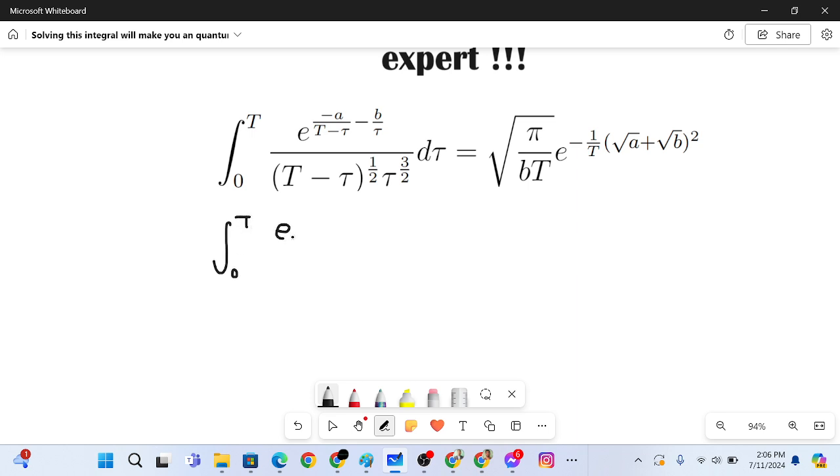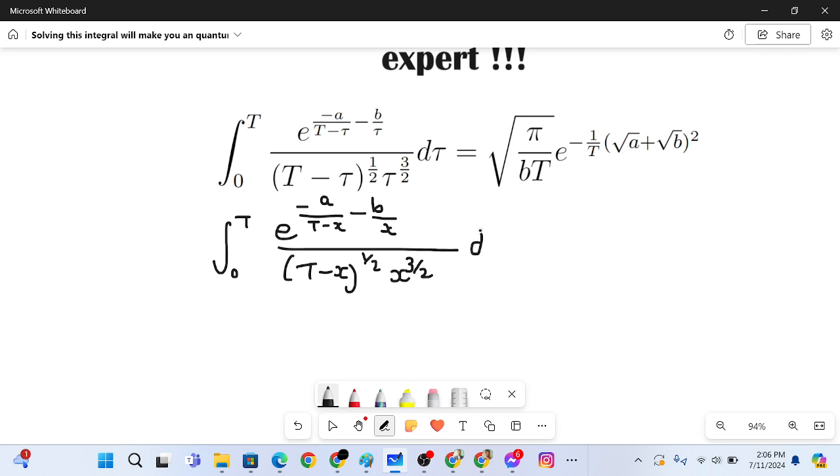Integral from 0 to t of e to the power minus a by (t minus x) minus b by x, over (t minus x) to the power 1 by 2 times x to the power 3 by 2, dx. Okay. Now what I can do is make sure that this goes from 0 to 1 so that it's easier to integrate.